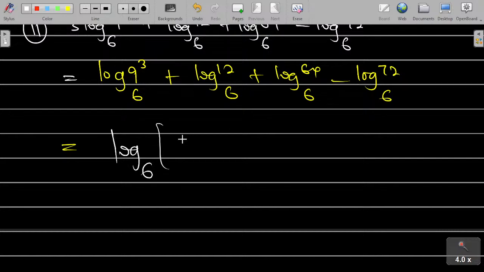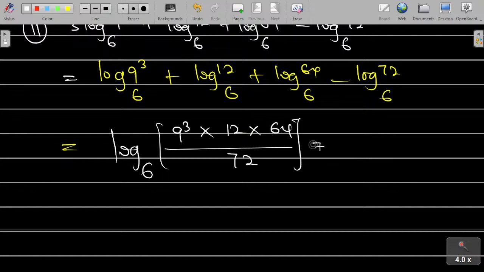So this is going to give me 9 to the power of 3. And what is 9 to the power 3? That's 81 times 9. Okay, maybe we should still keep it that way. 9 to the power of 3 multiplied by 12 multiplied by 64, and then that is all over 72.